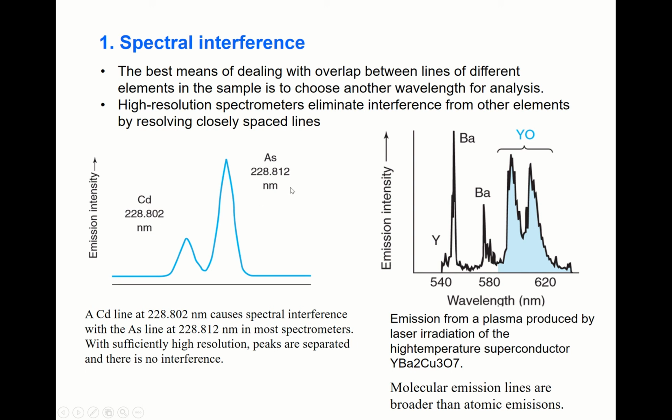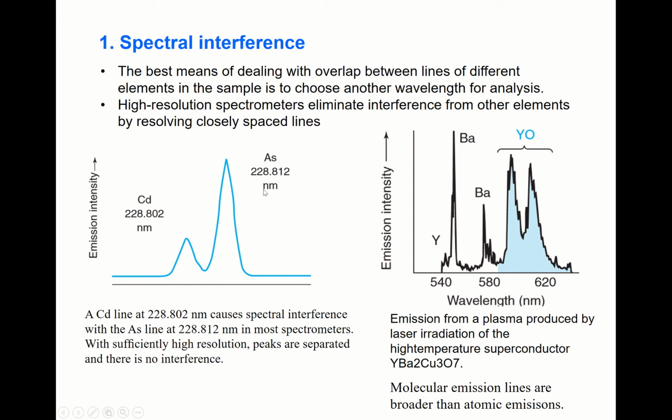So the difference is only 0.01 nanometer. Wow, that is a really small difference. The difference is so small that you need very high resolution spectrometers. This part is a little bit overlapped, so exact determination of arsenic is not possible.